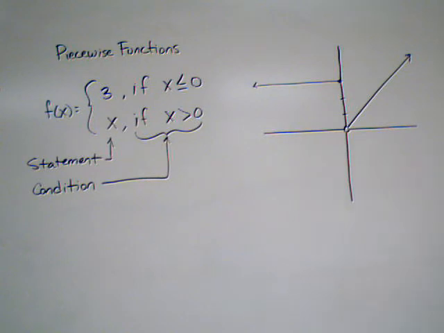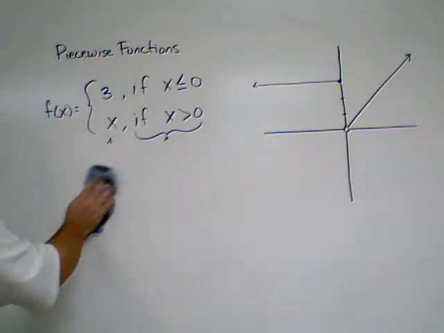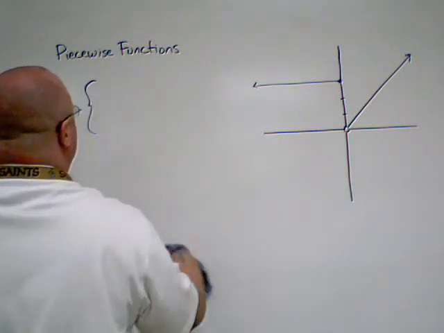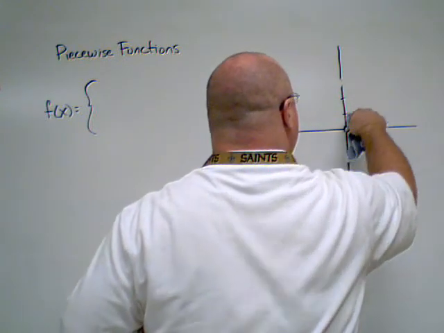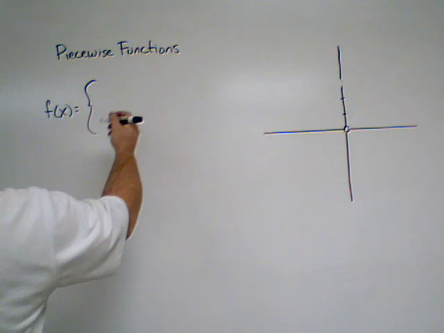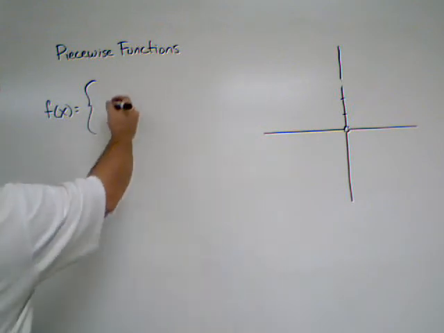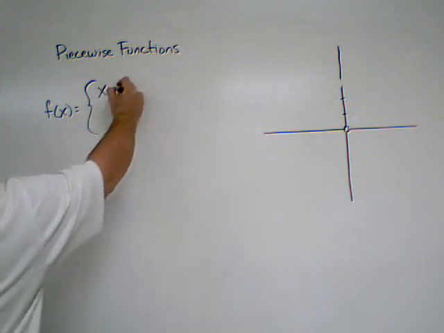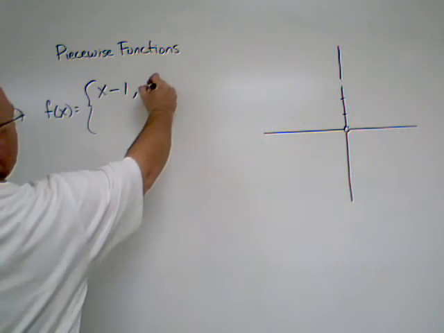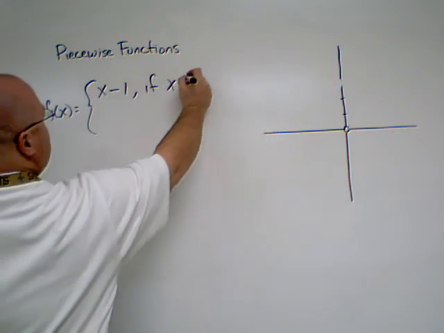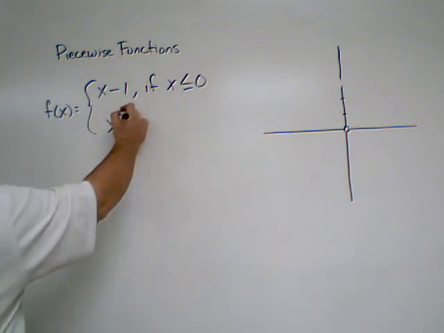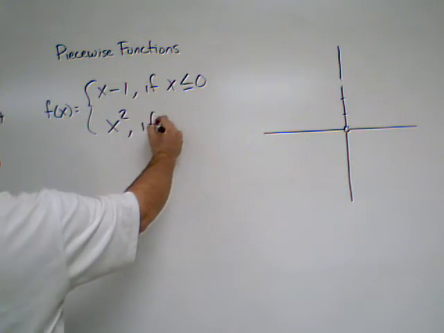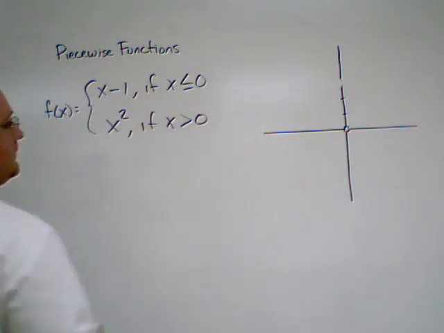We're going to try another example. That's going to be a little bit more complicated, but it's still not going to be that bad. We're going to start off with f of x equals x minus 1 if x is still less than or equal to 0, and the second part will be x squared if x is greater than 0.